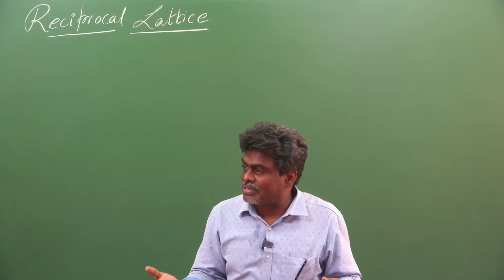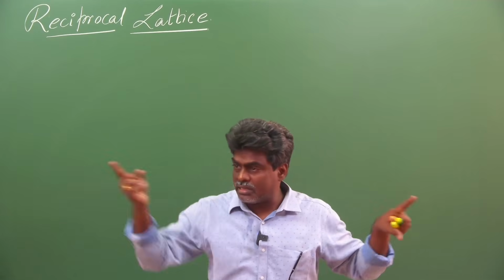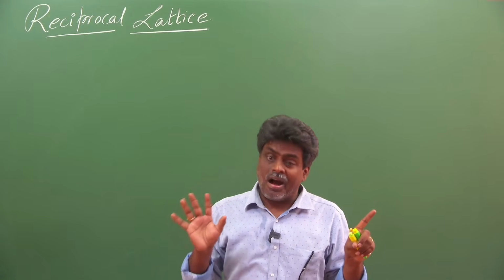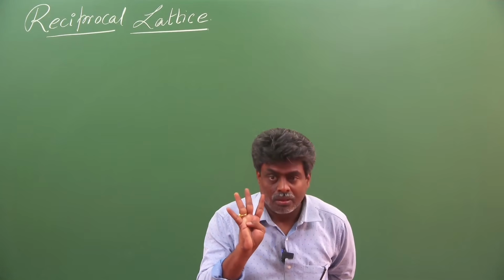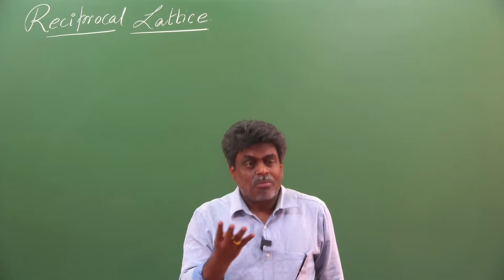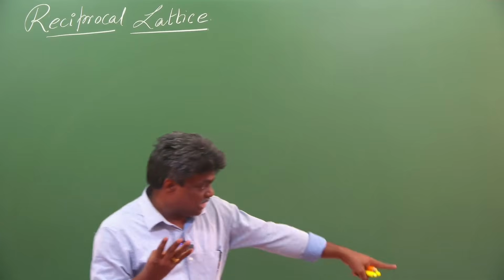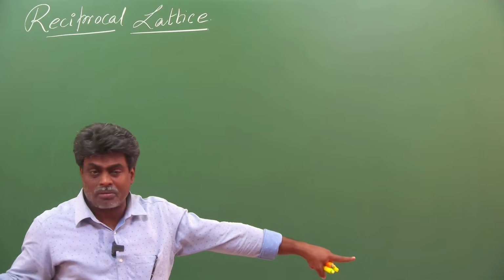You know what FCC is? FCC means 8 corners and 6 face centers. After that, how many body diagonals are there? 4. Now see that bottom corner of the room.